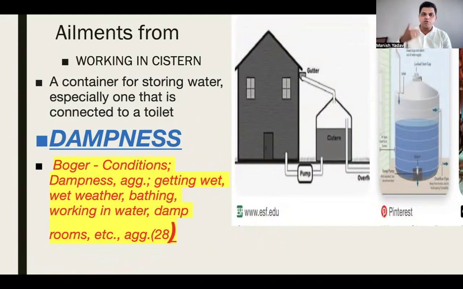Generalize. The concept is to generalize. In this rubric, condition, dampness, aggravates: getting wet, wet weather, bathing, working in water or damp. So any form you are exposed to water, you can take this rubric. 28 remedies are there. So the first rubric is this.